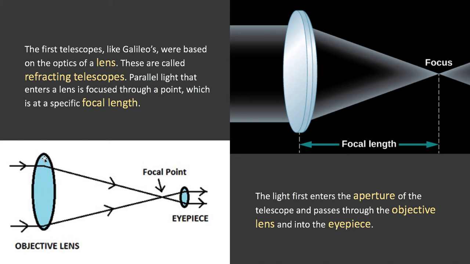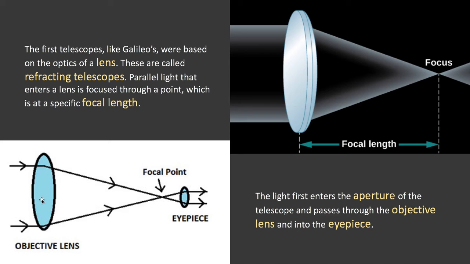The objective lens is called the aperture. That's the opening of the telescope, and the most important part of a telescope is its aperture, its light collecting area. How much area is there to collect light? Your pupil in your eye is what allows your eye to collect light.